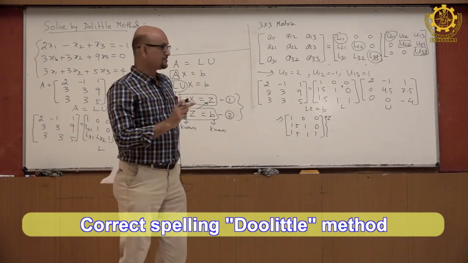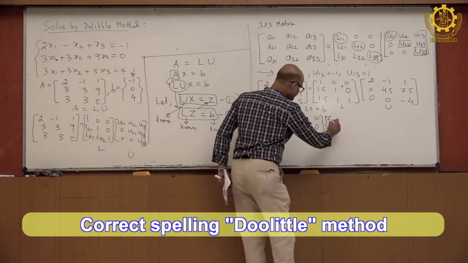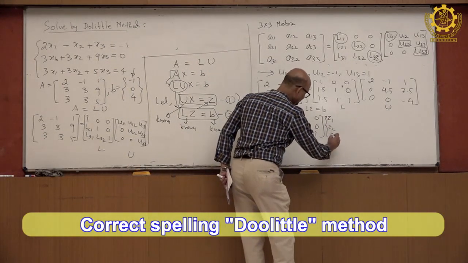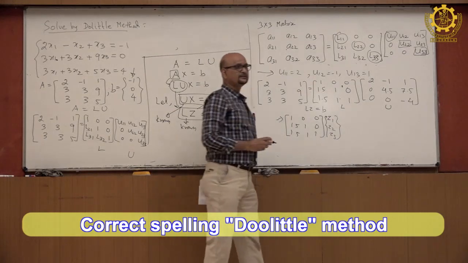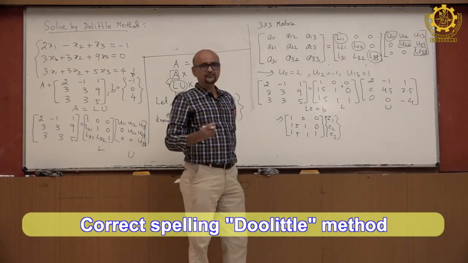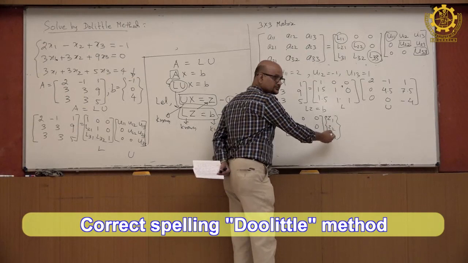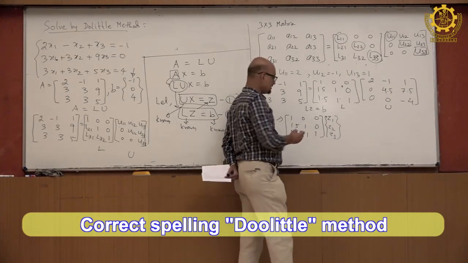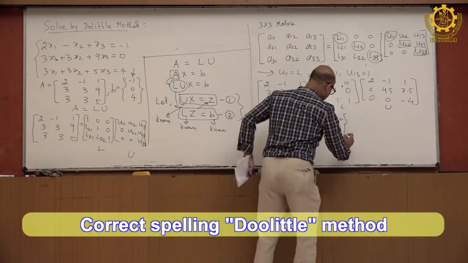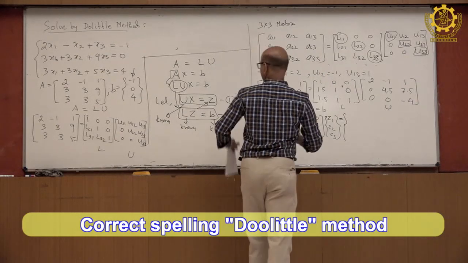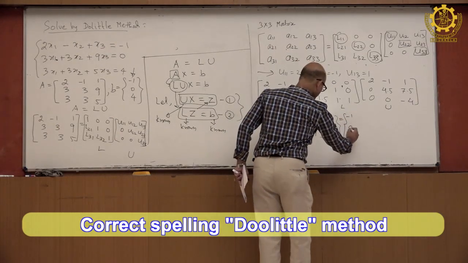Here it is 3 by 3, so it will be Z1, Z2, Z3. If I give 4 by 4 or 5 by 5, it will be Z1, Z2, Z3, Z4, Z5. Fine. Is equal to B.